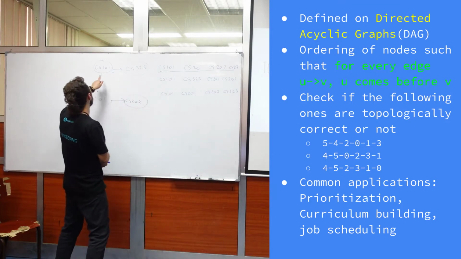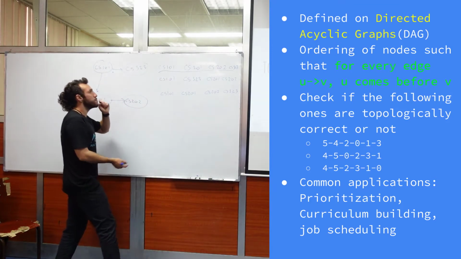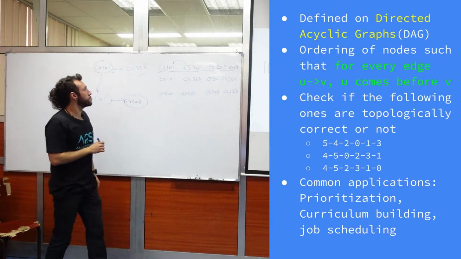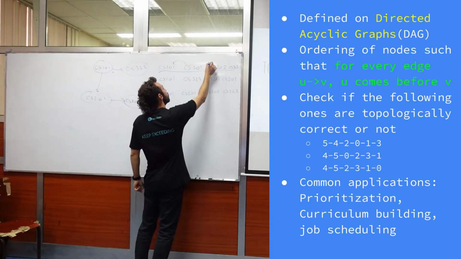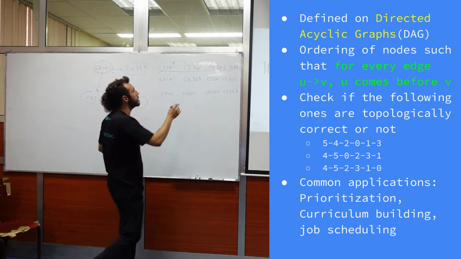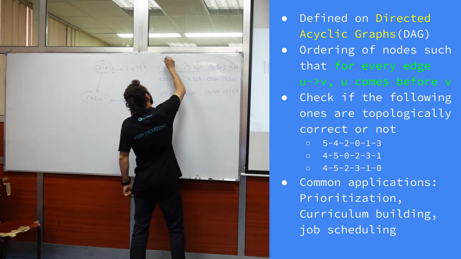So now let's see the edges. 201 is depending on 101, 202 is depending on 201, and 323 is depending on 101.